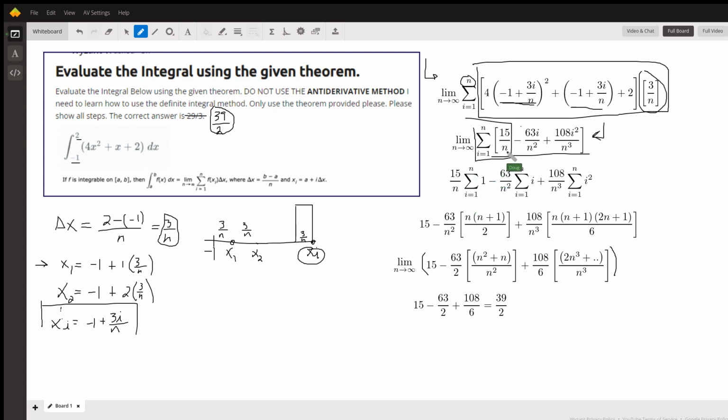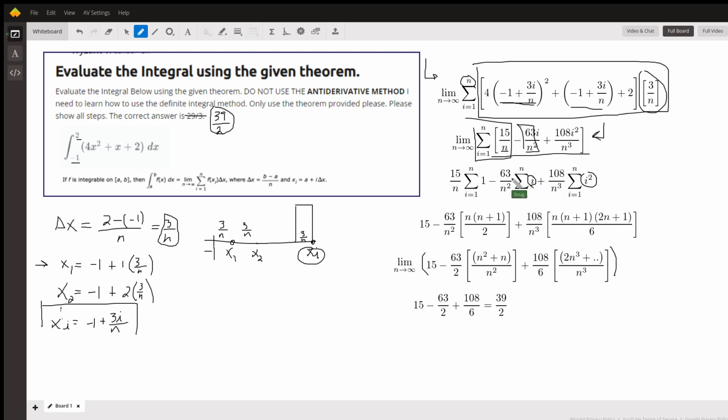That's all that's left from this term. Move this constant out front, the -63 over n squared, times the sum from i equals 1 to n of i. And the third term, 108 over n cubed, goes out front. Sum from i equals 1 to n of i squared.